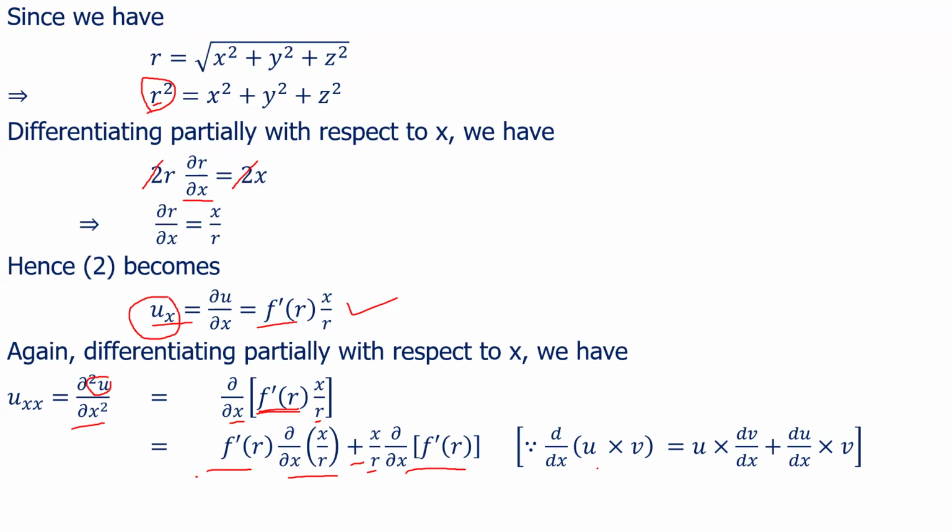So here we applied the product rule, derivative of u into v equal to u, first function, into derivative of second function plus derivative of first function into second function. Again, here x is function of x and r is also function of x. So if you want to find out the derivative of x by r with respect to x, we have to use the division rule.